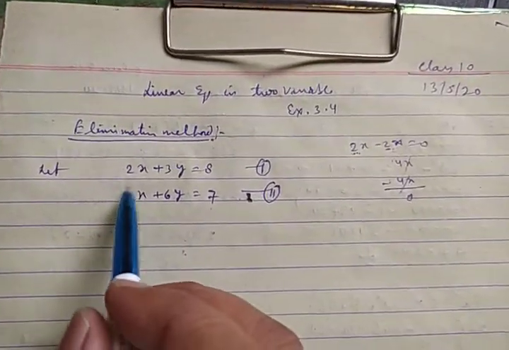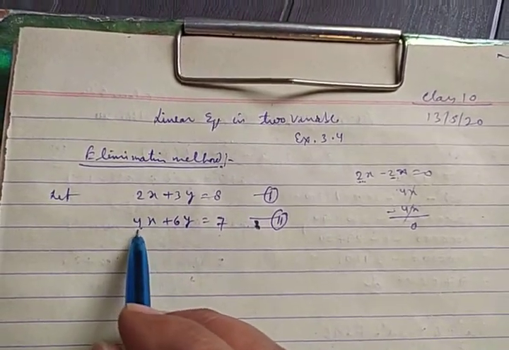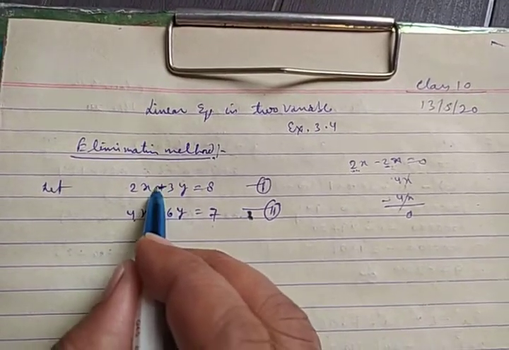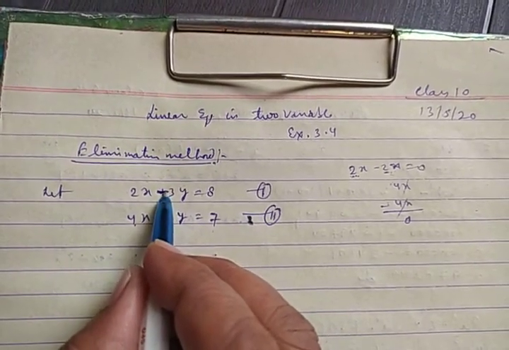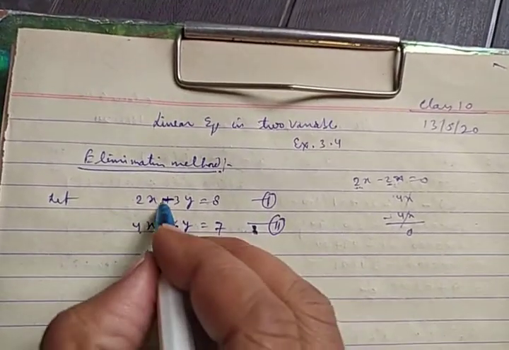Then we will multiply equation 1 by 2, equating the coefficient of x.